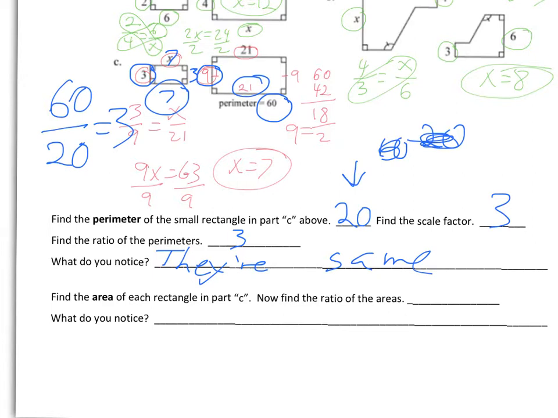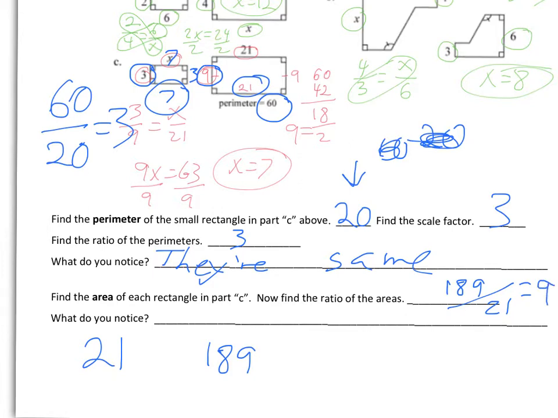Now find the areas. The area of the small rectangle is 7 times 3, or 21. The area of the large rectangle is 9 times 21, which is 189. Find the ratio. Well, that would be 189 over 21, which if you simplify that, you get 9.